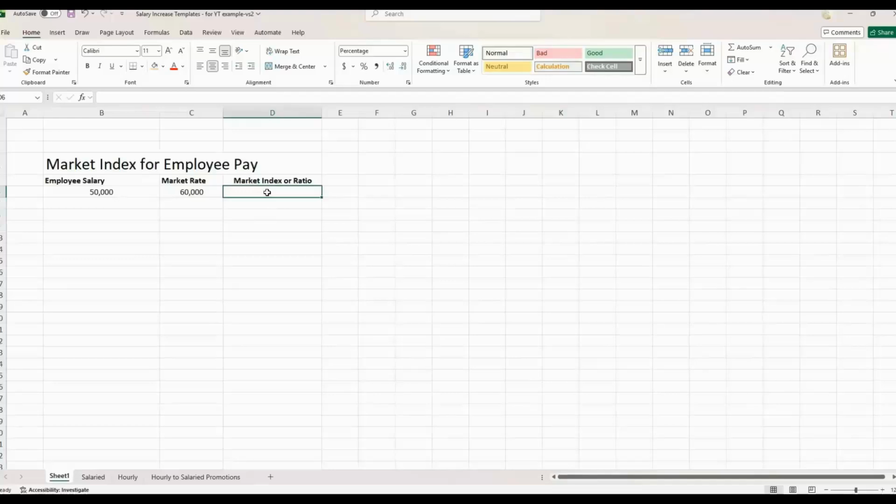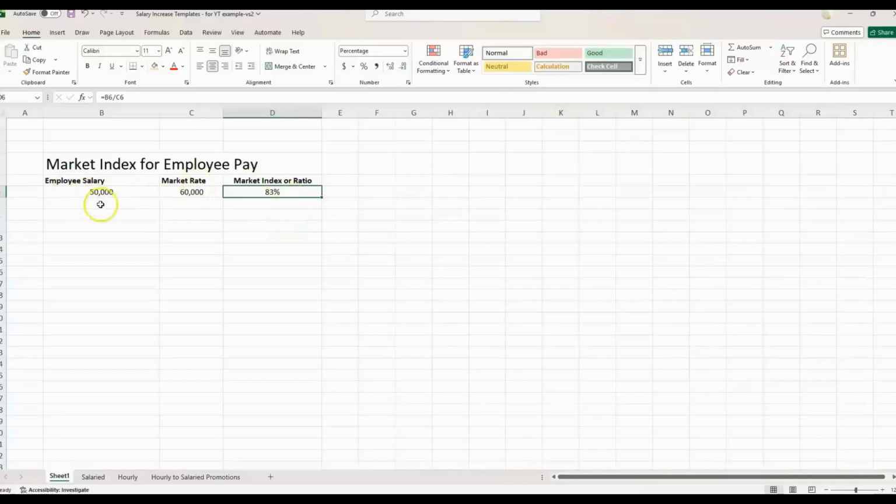The market index or ratio formula is going to be equals the employee salary divided by the market rate, and we're getting 83%. You could also display it as a ratio, just 0.83.